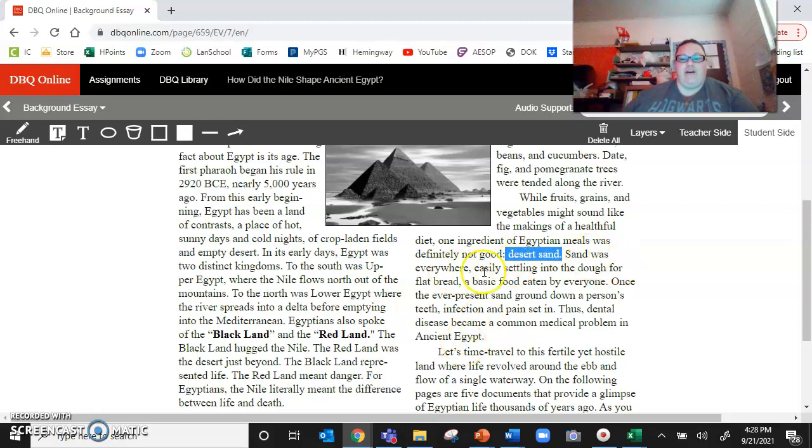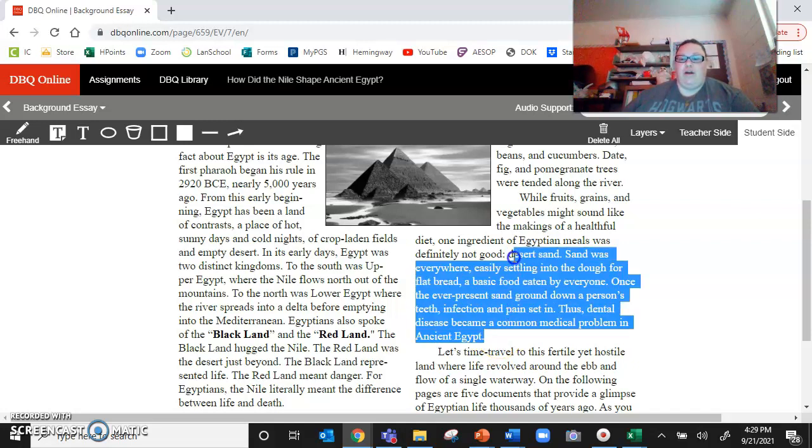Sand was everywhere, easily settling into the dough for flatbread, a basic food eaten by everyone. Once the ever-present sand ground down a person's teeth, infection and pain set in. Thus, dental disease became a common medical problem in ancient Egypt.